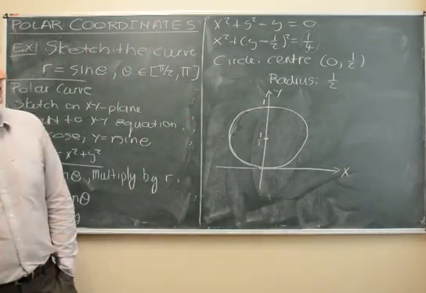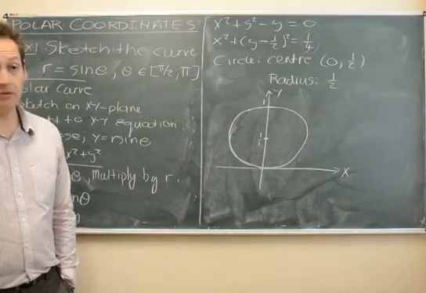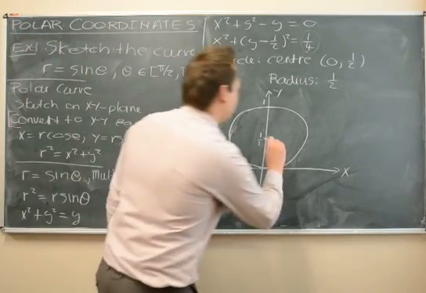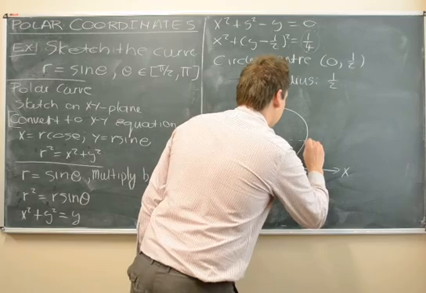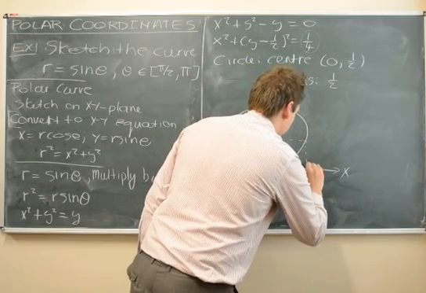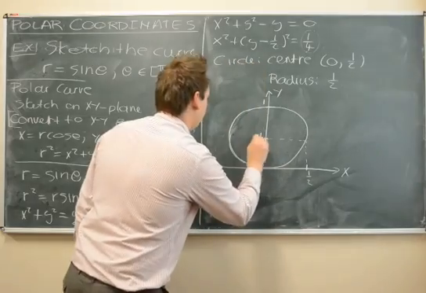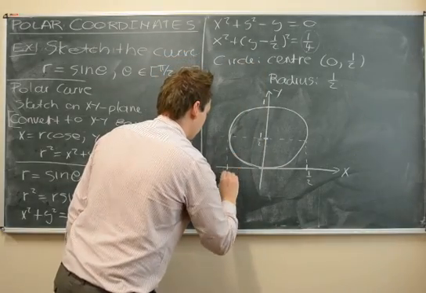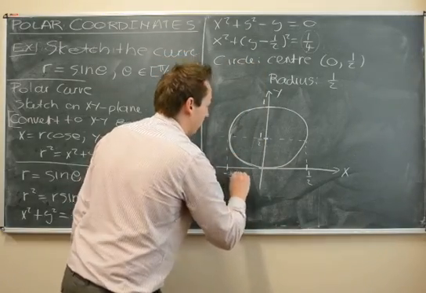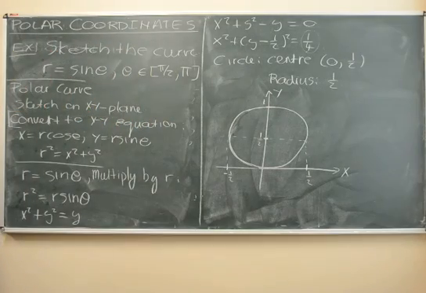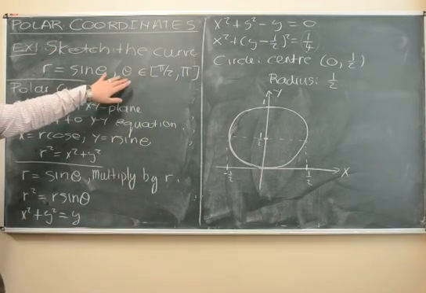Not an exceptionally good circle, but it'll do. So there's a turning point there, and a turning point there. Now, we have bounds for theta.